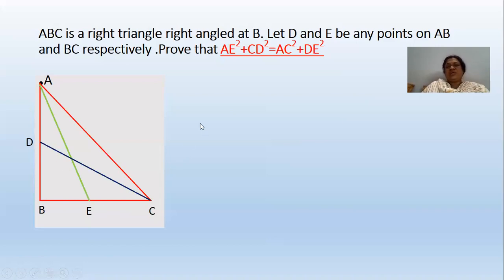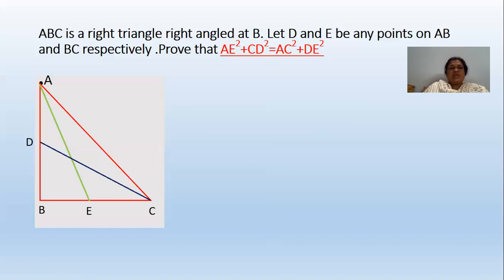When you closely observe this problem, what is there in the LHS? AE square is there, CD square is there. So where are AE and CD? This green line is nothing but AE and the blue line is nothing but CD. So we have to take the Pythagoras theorem statement in such a way that we get AE and CD to represent it.